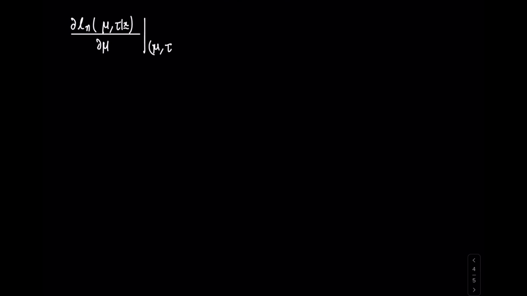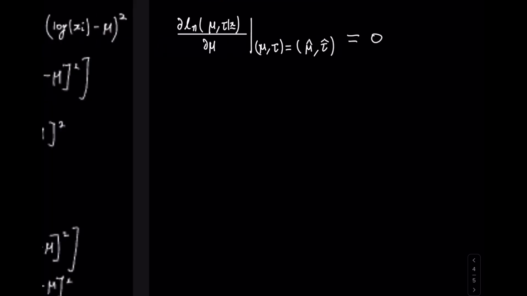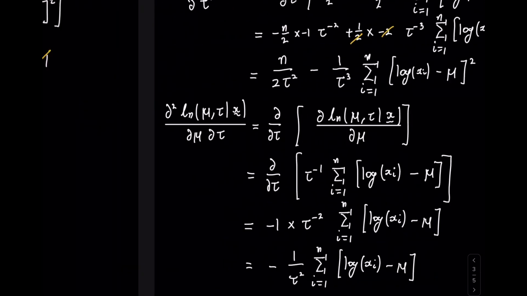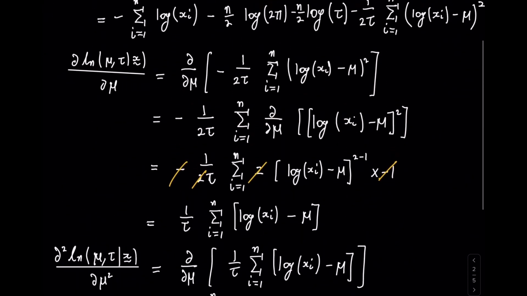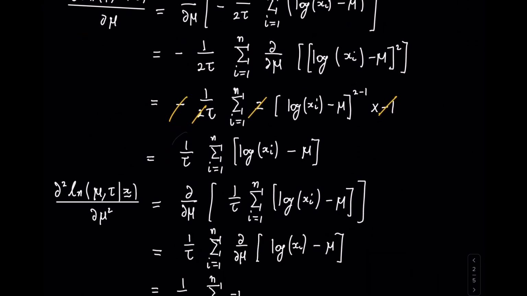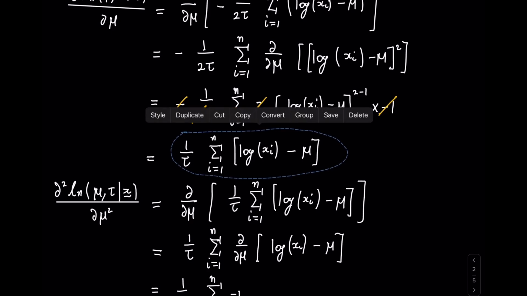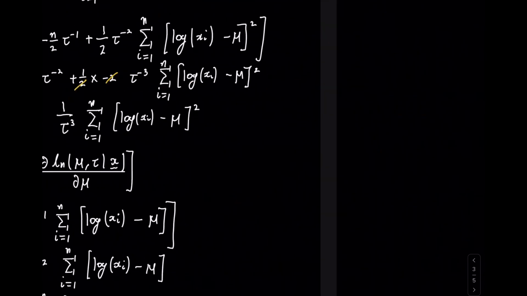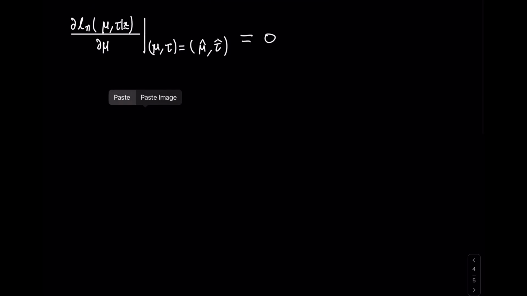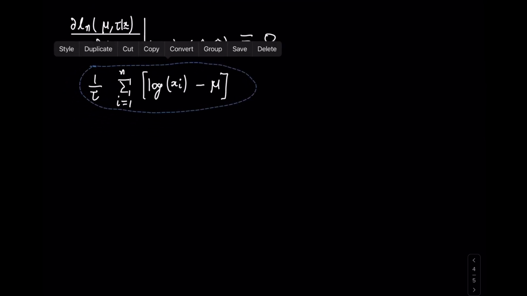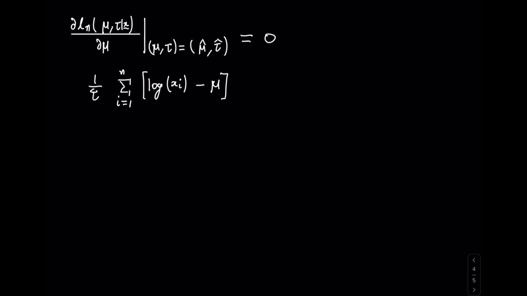So (mu, tau) is equal to (mu hat, tau hat). Recall that the condition is that it has to be equal to 0. So if we go back and find our first derivative with respect to mu, copy this across and paste in our expression, except we are now evaluating at tau hat and mu hat. That has to be equal to 0.